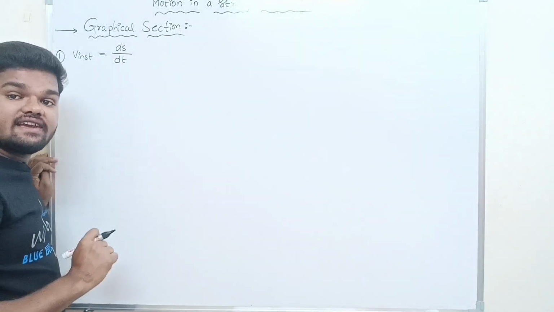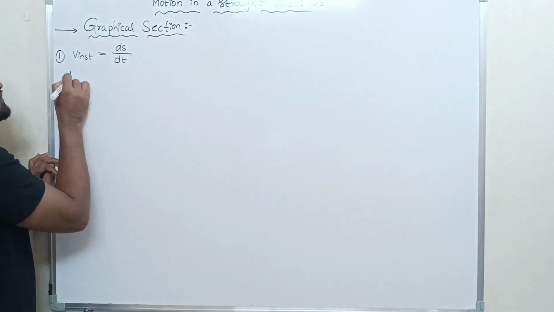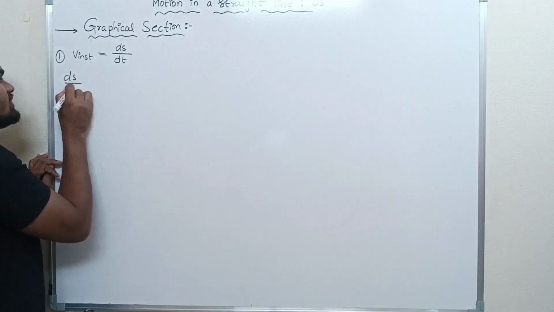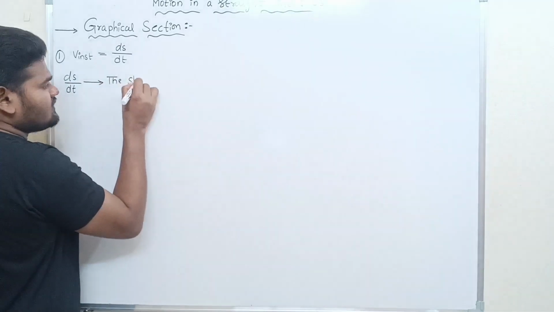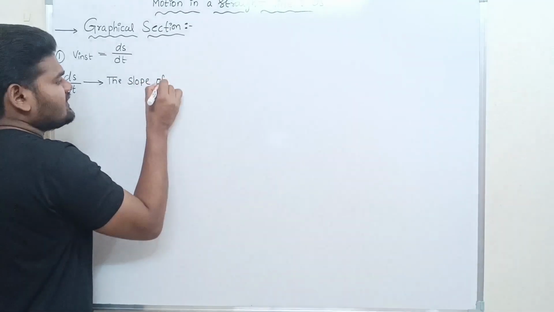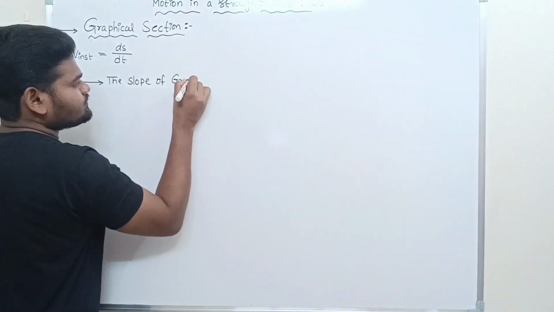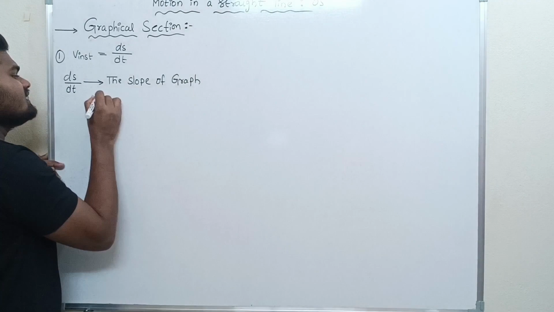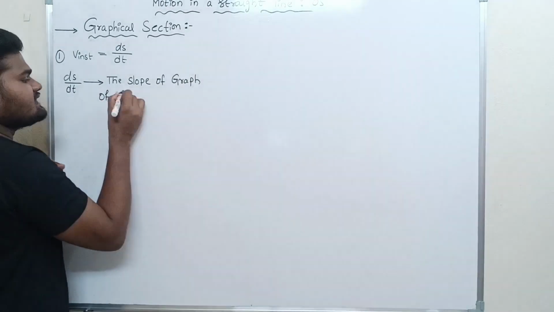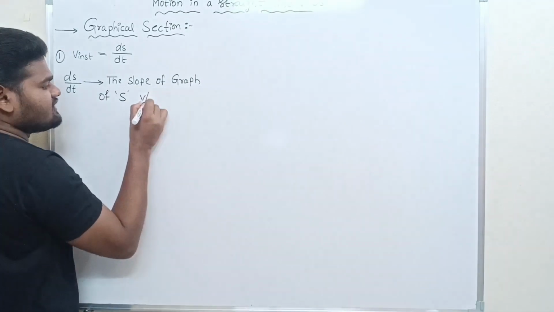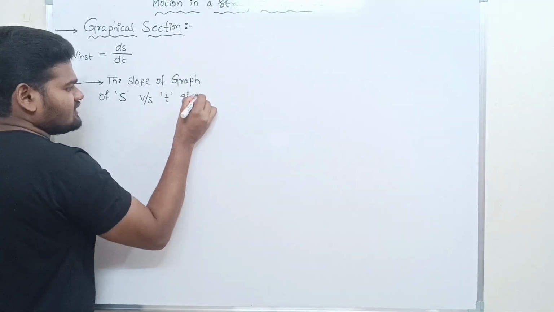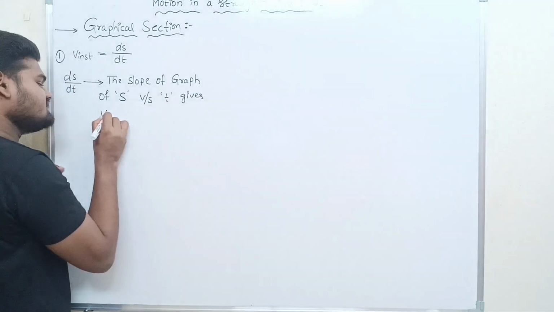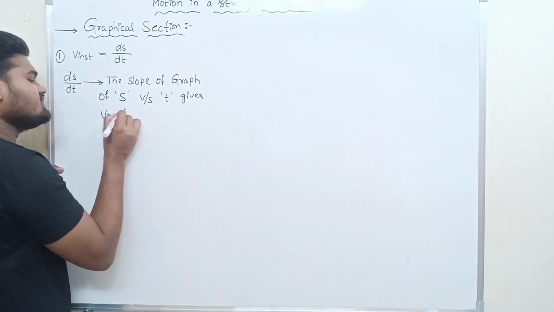What is the meaning of ds by dt? ds by dt is nothing but the slope of the graph of S versus T. The slope of the graph of S versus T gives the instantaneous velocity.